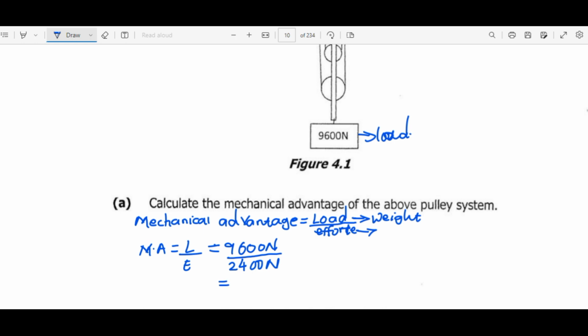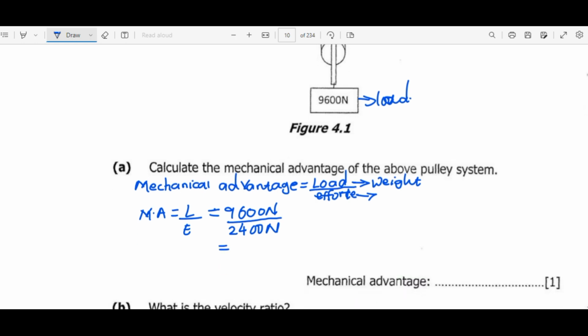So you just have to divide. 9,600 divided by 2,400, I'm getting 4. Remember that the units cancel, so the final answer should not have a unit. So that's how you find the mechanical advantage.